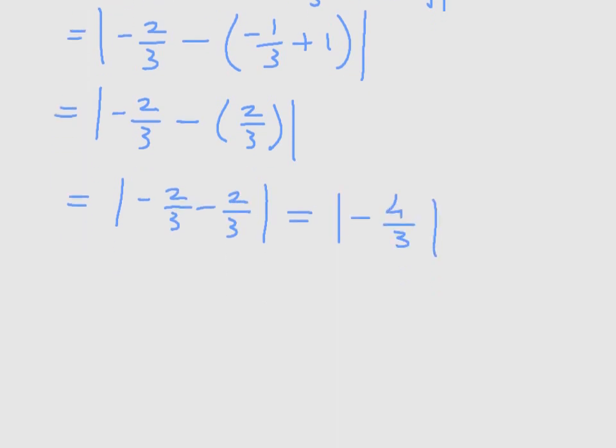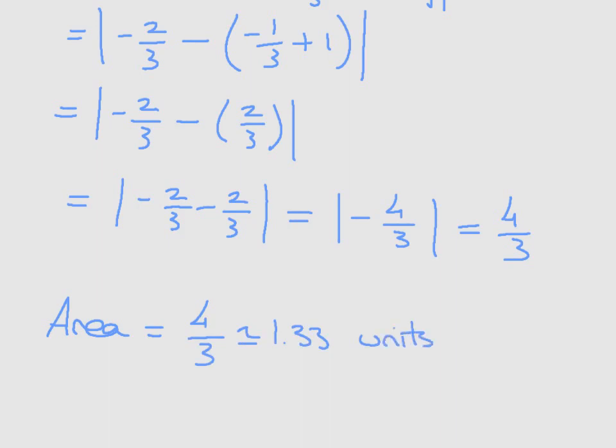And of course, the absolute value of negative 4/3 is 4/3. So the area enclosed between our two curves is 4/3, or if you wish, that's roughly equal to 1.33 units of area.